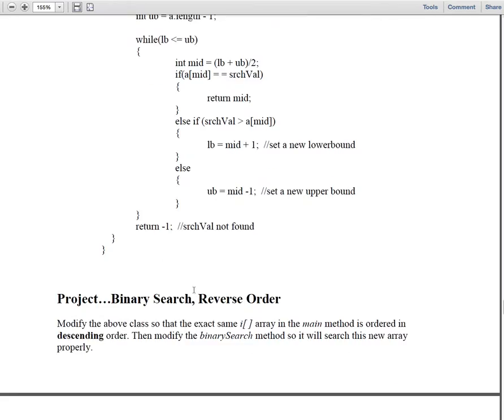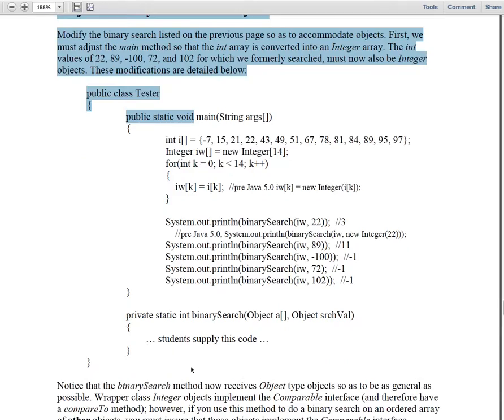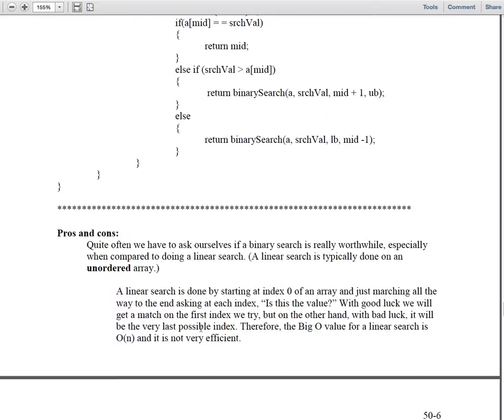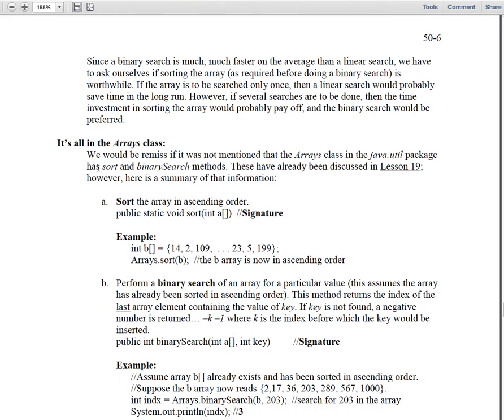We had the text, we had two projects, and then after the projects there was a little bit on recursive binary search, and a little bit about the Arrays class and how it has a built-in sort algorithm that functions fairly normally. You run sort and it sorts in ascending order, and it also has a binary search method.